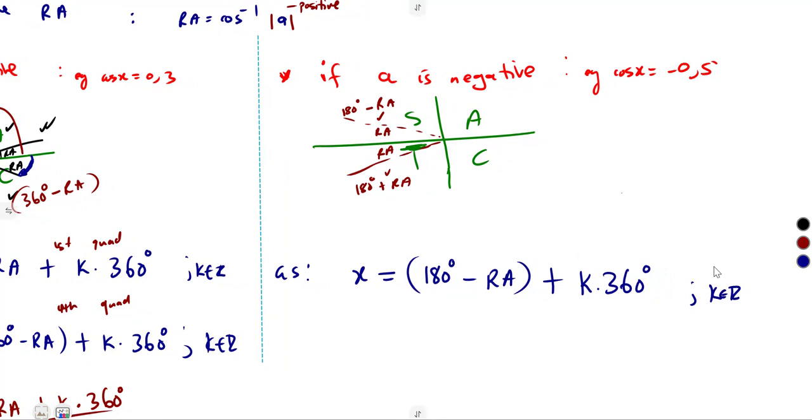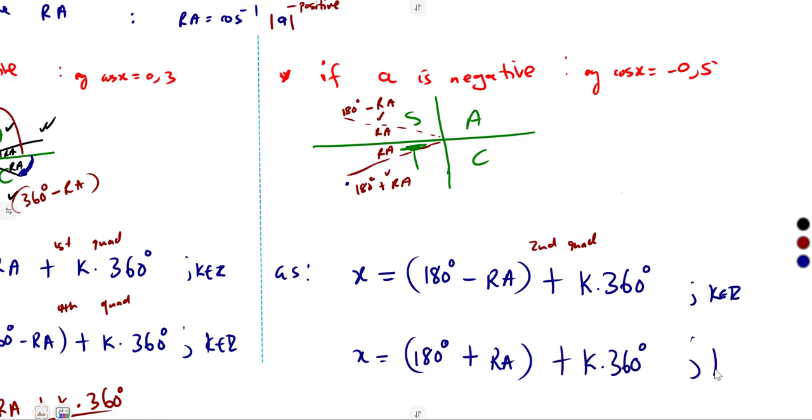So we have a solution from the second quadrant where cos is negative. Cos is also negative in the third quadrant, and angles in the third quadrant are given as 180 plus theta. Our theta is the reference angle there. So that's it.